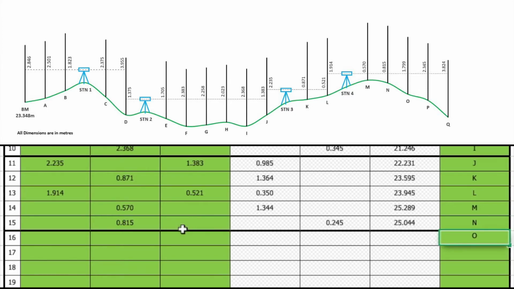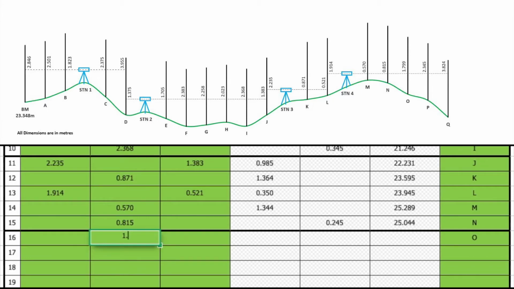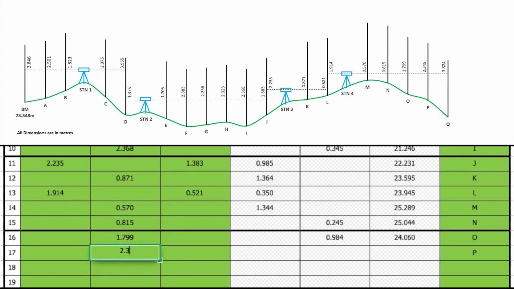Point O, intermediate reading, 1.799. Point P, 2.345.